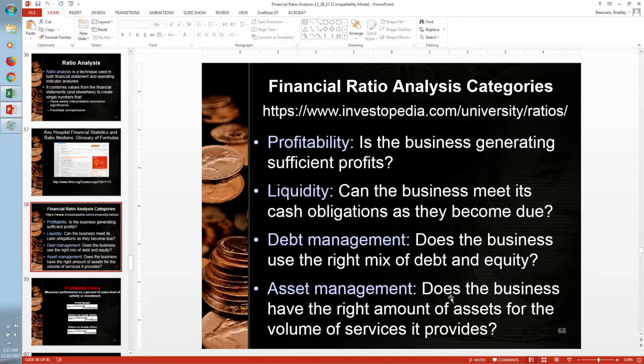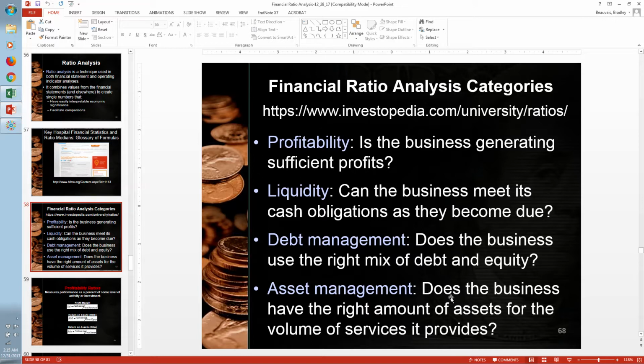Another great site that I recommend for all matters of finance is Investopedia, and they offer a very good set of materials pertaining to ratios. You'll notice I've listed 4 broad categories here. I believe Investopedia offers 6 or 7. There is no quote-unquote right answer, because even from organization to organization, especially internal ratios, can vary quite widely.